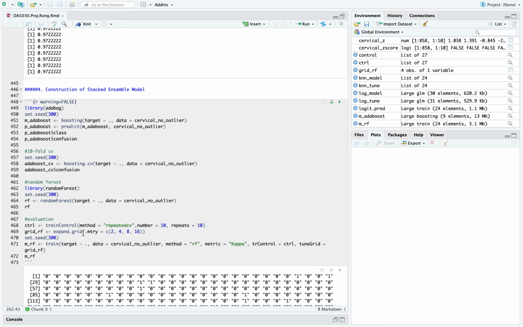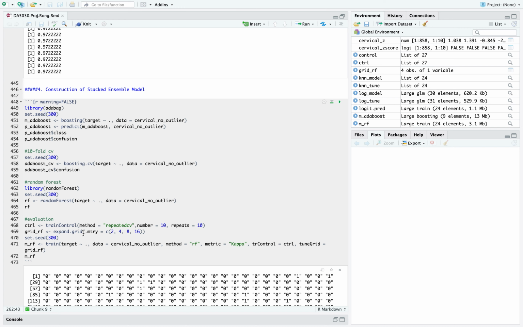Let's take a look at my ensemble model. Since they all have pretty good accuracy, I created an ensemble learner. I just combined all of them and used a boosting method to build my model.